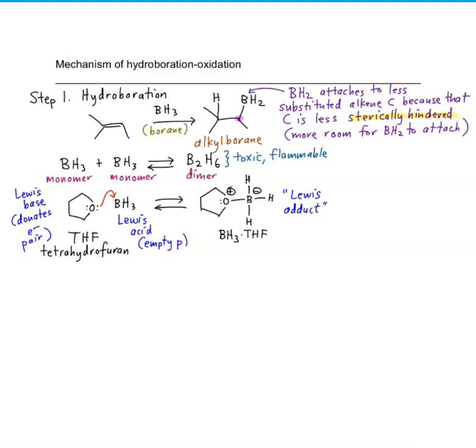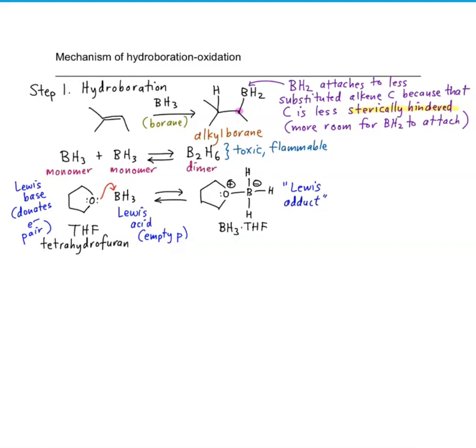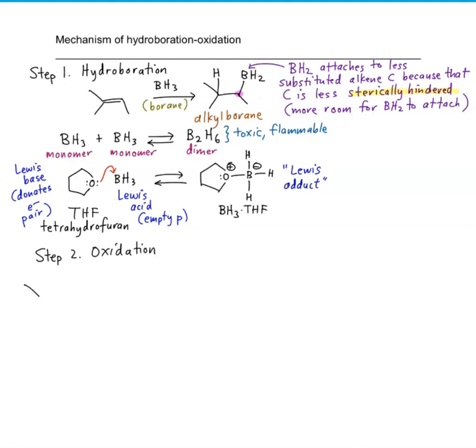Okay, so now let's talk about the oxidation step. Okay, so from the alkyl borane, so far we have this. Let's abbreviate this part of the molecule as R. So everything except for those two hydrogens that's attached to the boron, we're going to call R. And what we can recognize in this structure, this alkyl borane, is that it's actually going to react more.